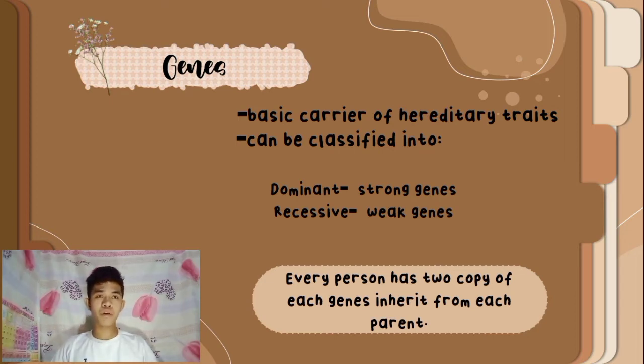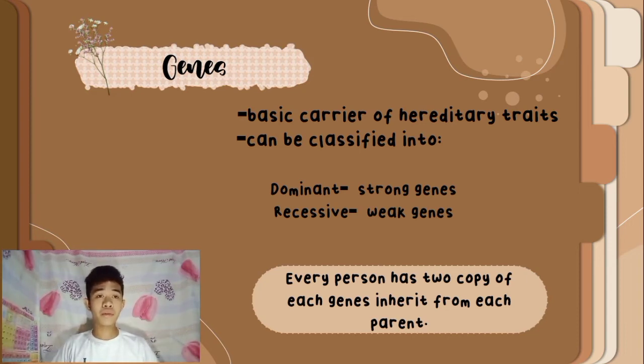For example, your mother has black hair and your father has blonde hair, and your mother has the dominant black hair color and your father has the recessive blonde hair color. It means that the black hair color will appear in your features as the color of your hair.